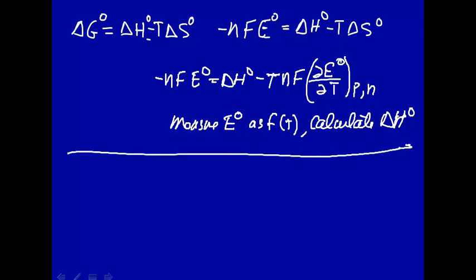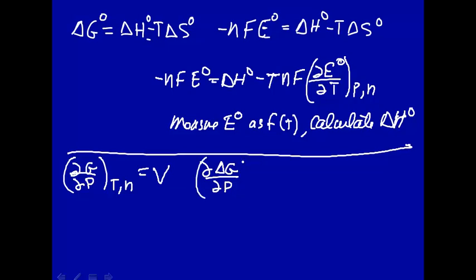Let's play around with pressure dependence. We'll start like we did before: how G changes with pressure at constant temperature and number of moles is just volume, or how delta G changes with pressure at constant temperature and number of moles is how the volume changes when the process occurs.